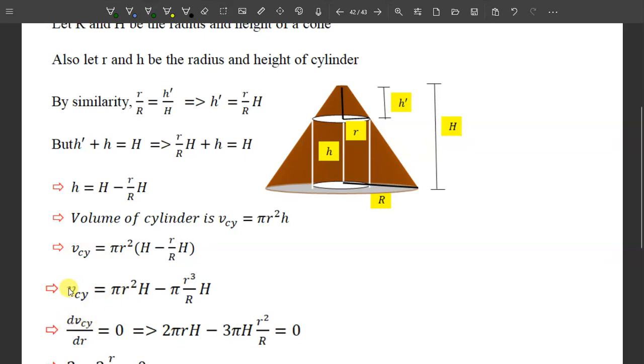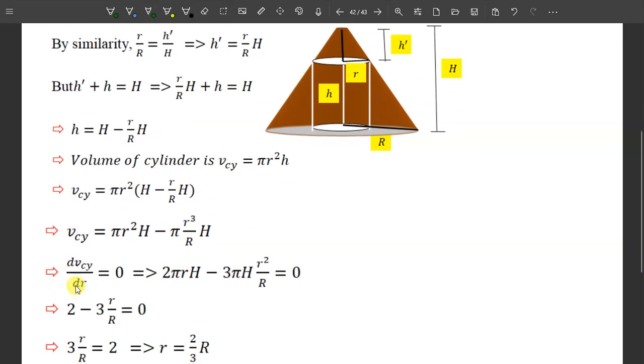Since we are going to maximize the volume of this cylinder in order to find the dimensions of the cylinder that can be inscribed into the cone, suppose V_cy is the volume of the cylinder, and by replacing this h in place of small h, the derivative with respect to r is going to be 0 to find the critical number.